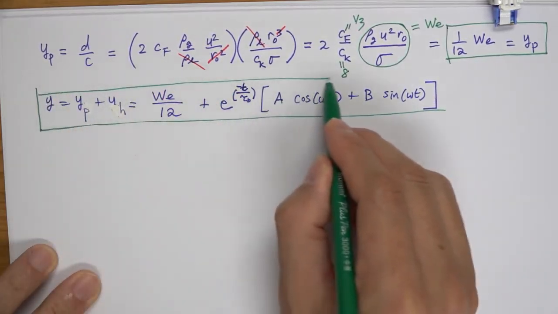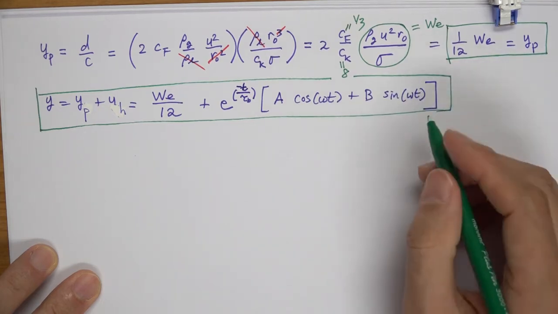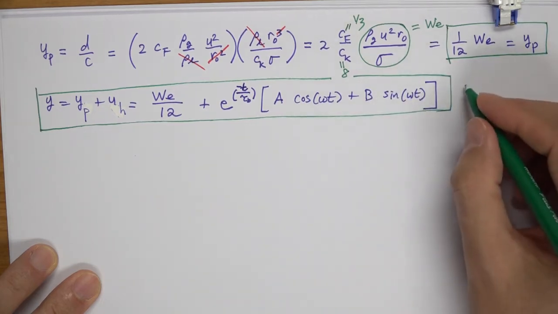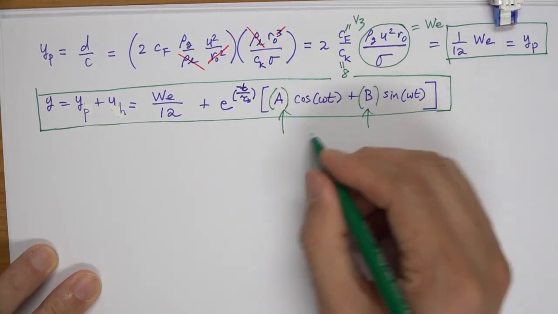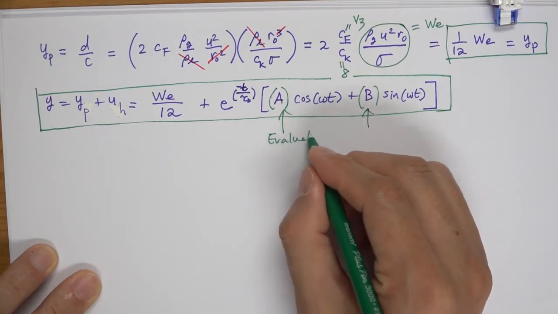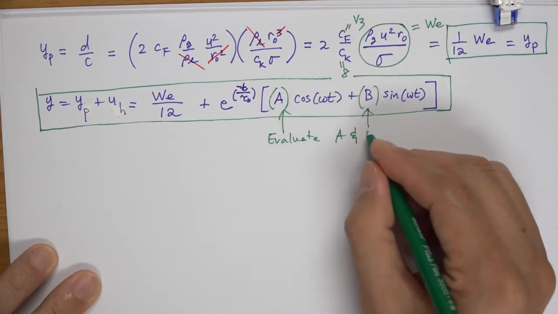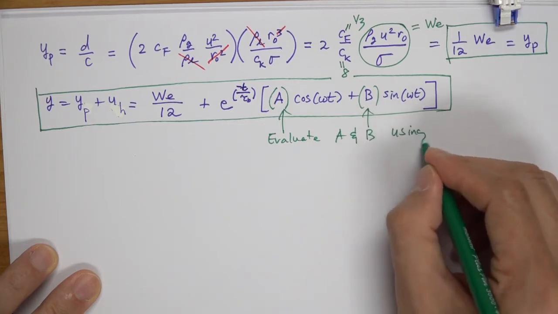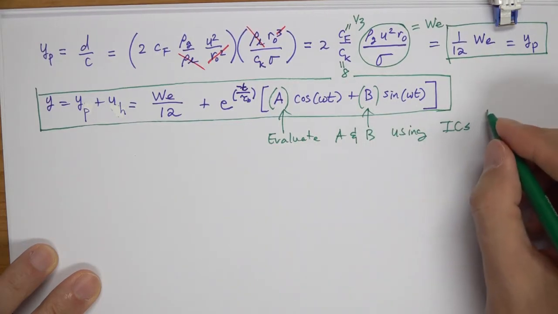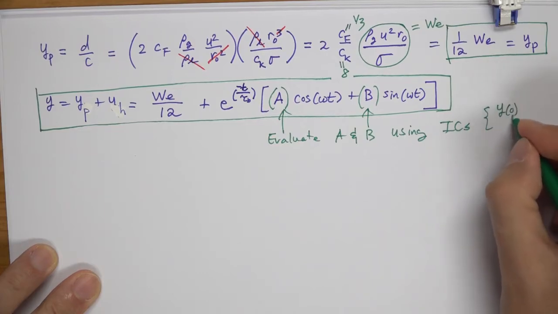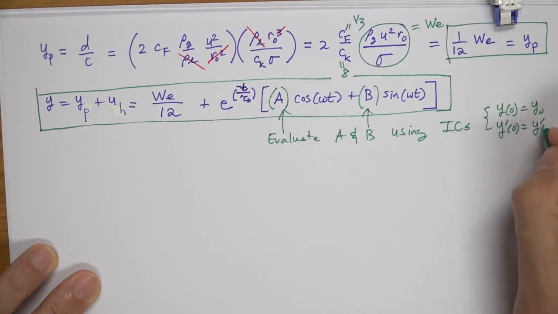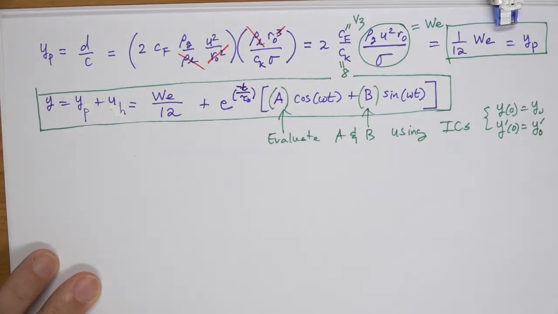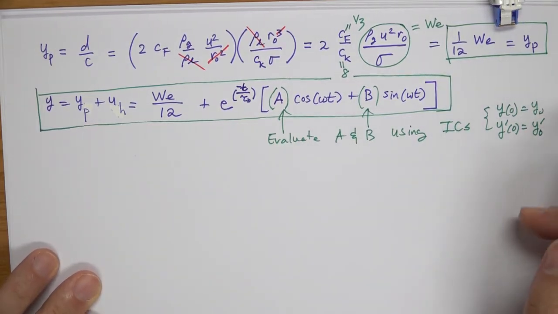That's the final solution. Now you must evaluate A and B using initial conditions. That is, y0 is 0, and y prime 0 is y prime 0. Okay, so let's do that.